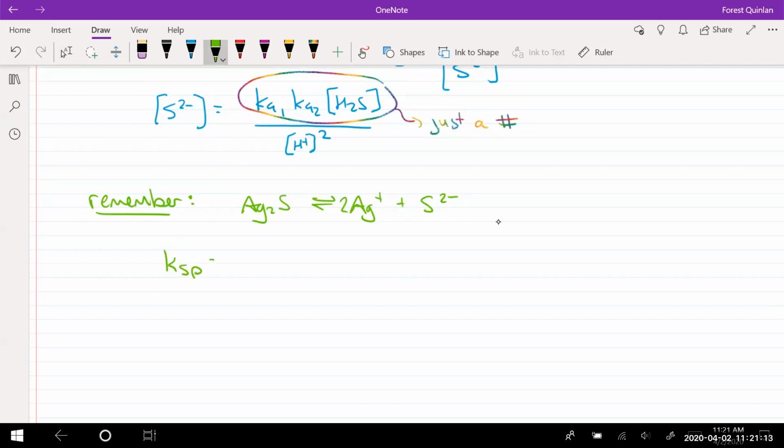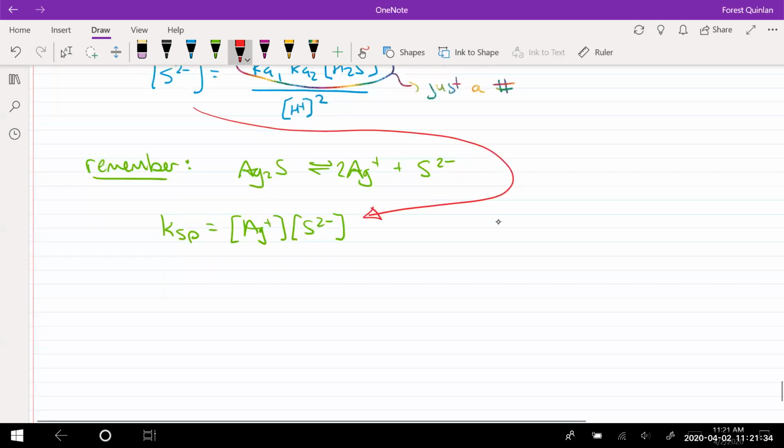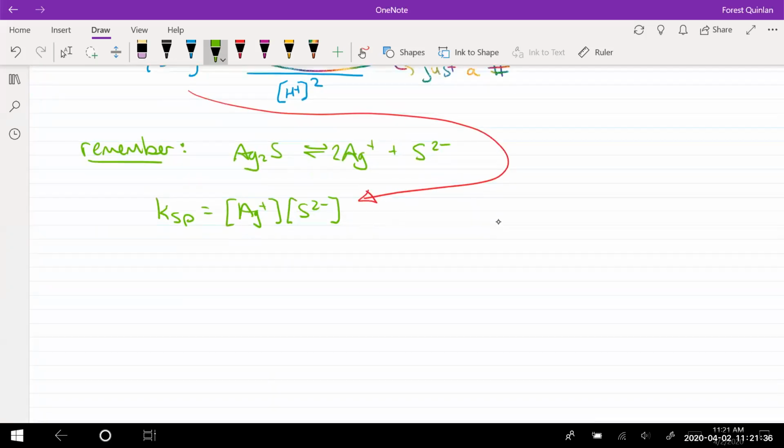And its KSP was equal to the concentration of Ag plus times the concentration of S2 minus. Well, don't we have an expression for S2 minus? Yes. We absolutely do.